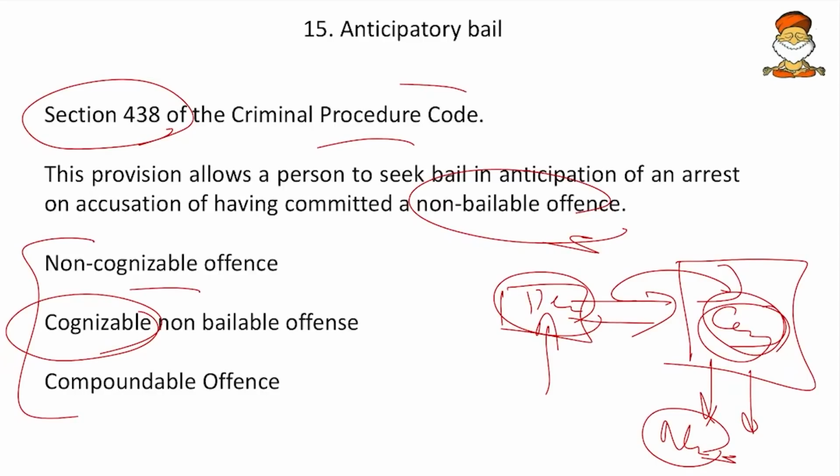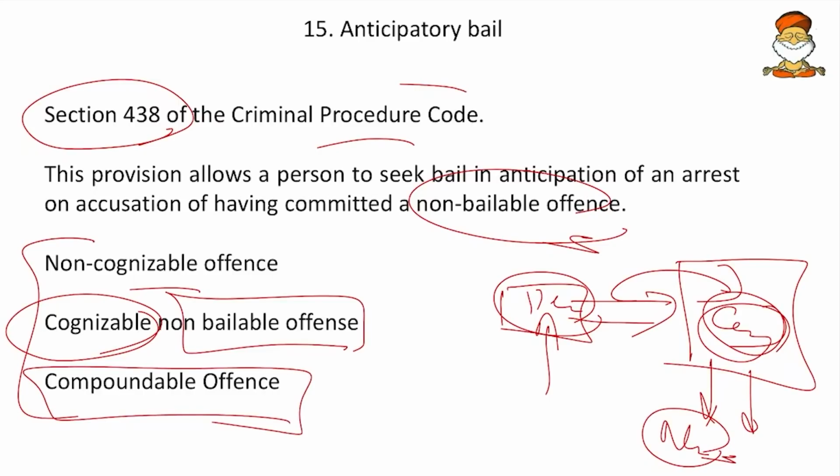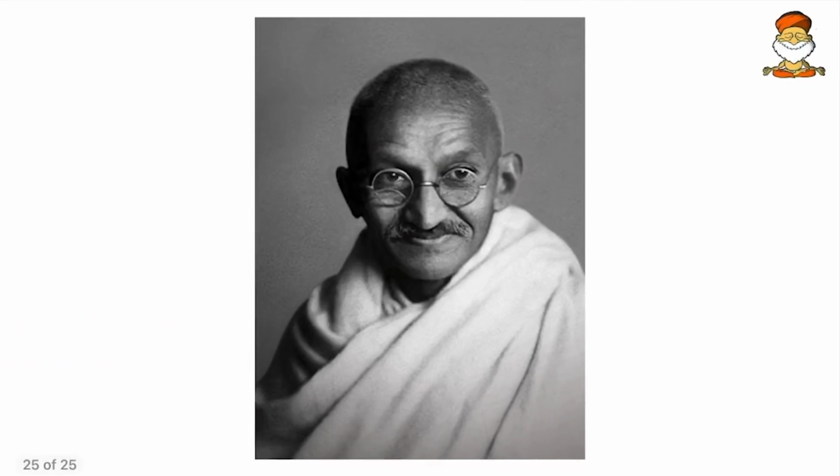And cognizable non-bailable means it is a very serious one and no bail should be given at the station. And then compoundable offense means again simple offenses where the victim can pardon, so a dispute settlement can happen there. And remember, station bails are available only for bailable offenses, but court bails are available even for non-bailable offenses. So these are some of the ones which we have to discuss.